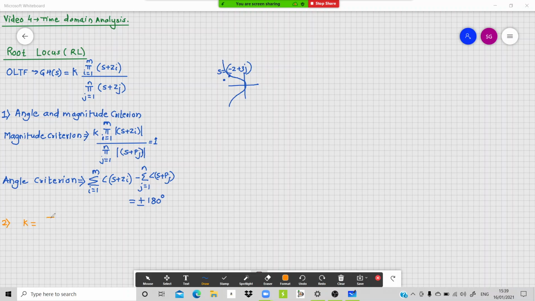So that means it is going to be j equal to 1 to n, for magnitude of all the poles, you multiply and divide it by magnitude of all the zeros. Okay.